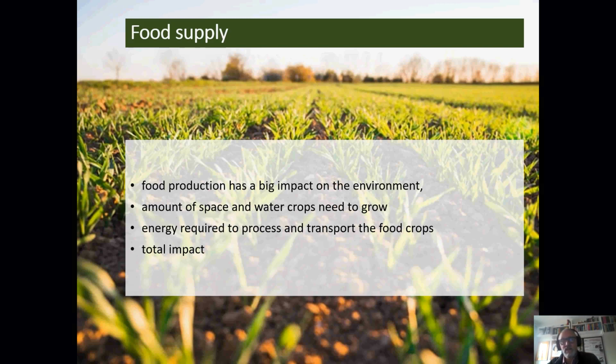So even in this part of the environmental system, there are a lot of factors which we need to take into account, and the overall impact of these different factors. Sometimes we can see the results of things going not quite right.